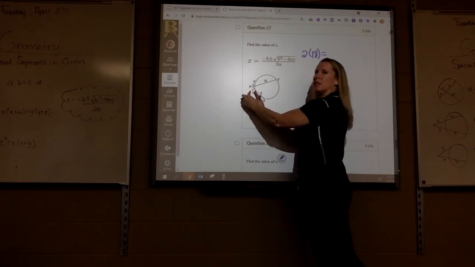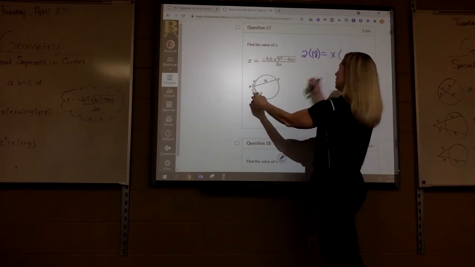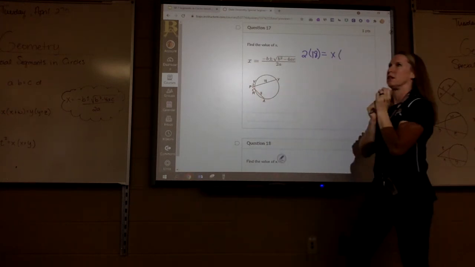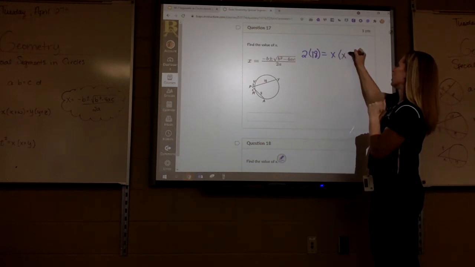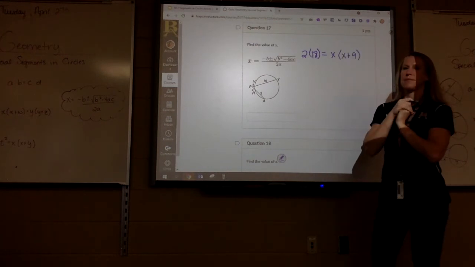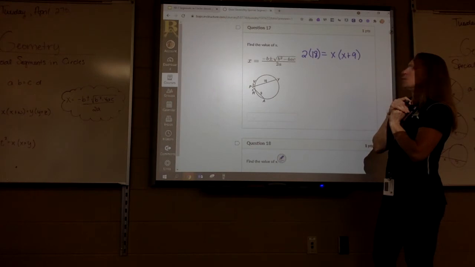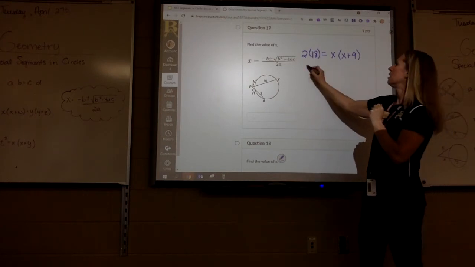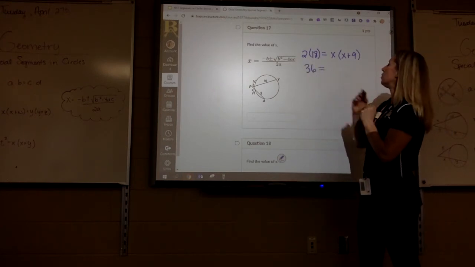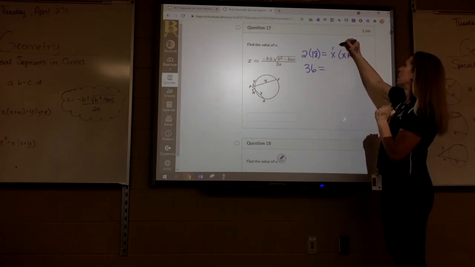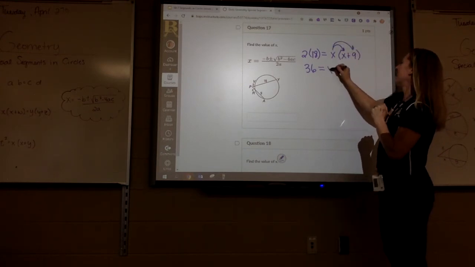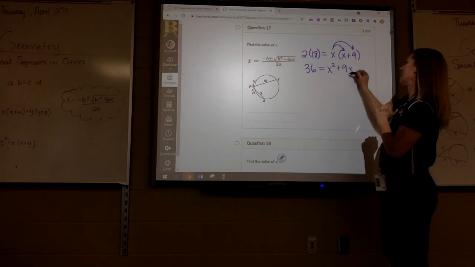What's the outside piece? X times the entire length. What's the entire length? X plus 9. So 2 times 18, 36 equals, x squared plus 9, good, x squared plus 9x.